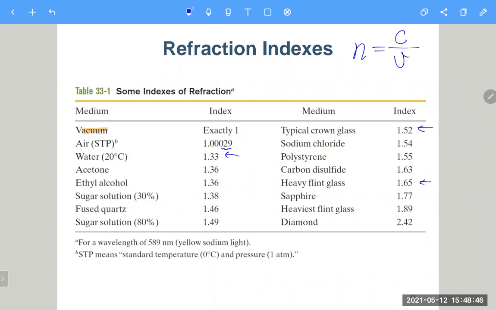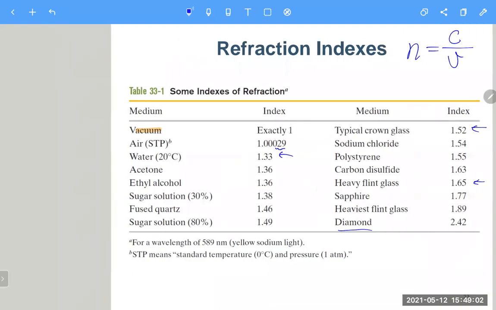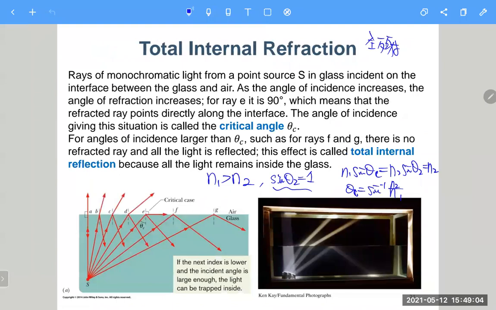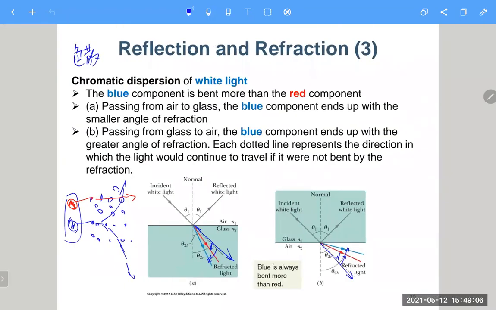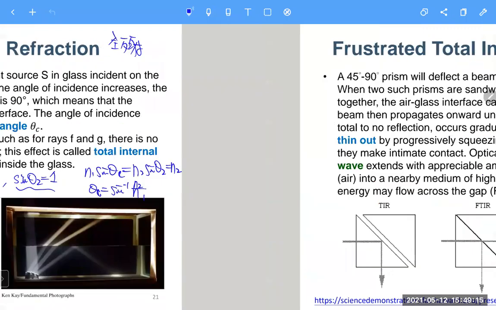Here it also includes diamond. The refraction index is quite large, around 2.42. And that's why ladies like the diamond: because it refracts the light so strongly, the chromatic dispersion will be stronger for the diamond, and it will look more beautiful.